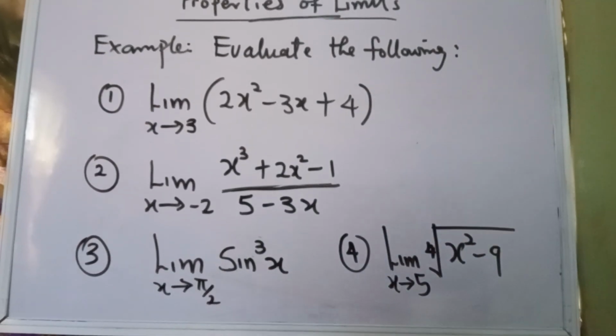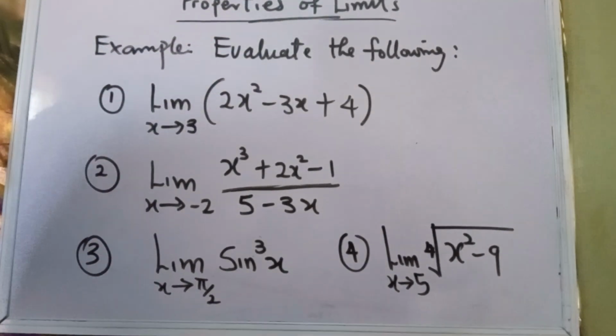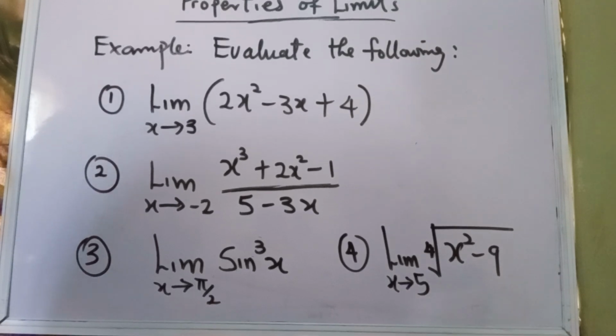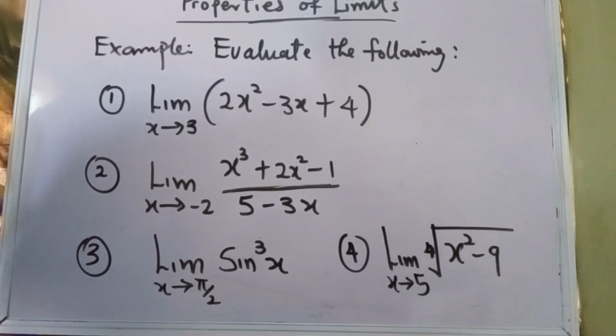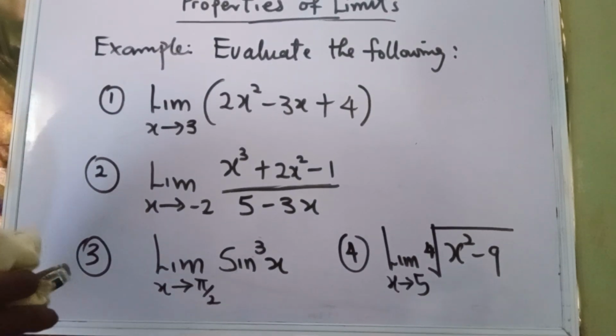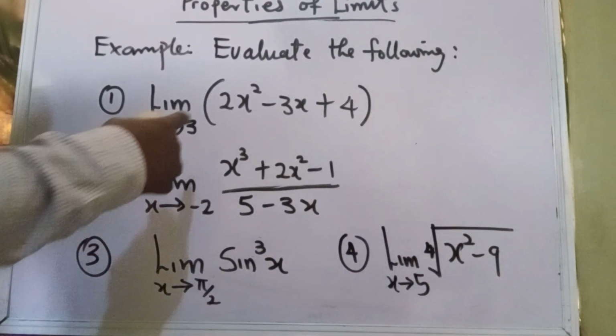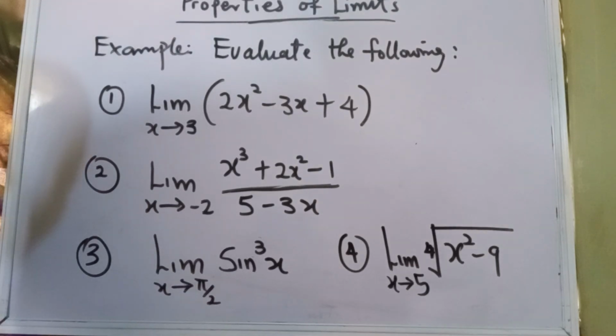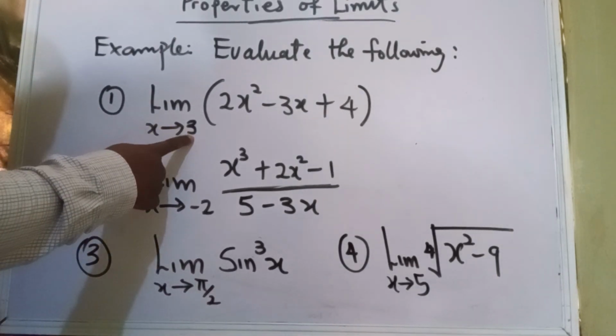Now, we want to consider these four examples to illustrate the properties of limit we earlier discussed. So we'll be taking this one after the other. For the first one, we have the limit of 2x squared minus 3x plus 4 as x tends to 3.